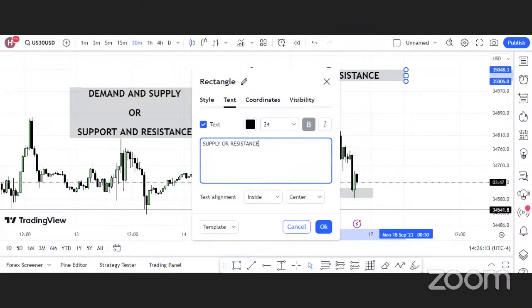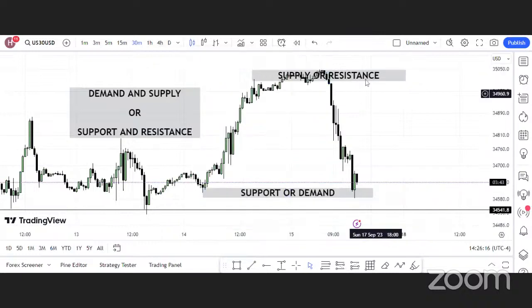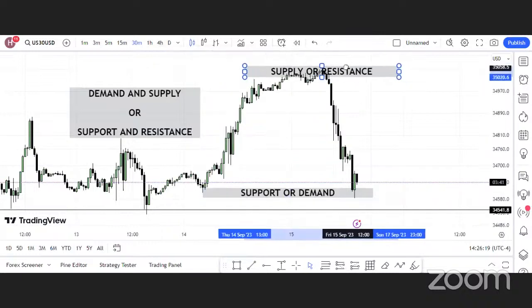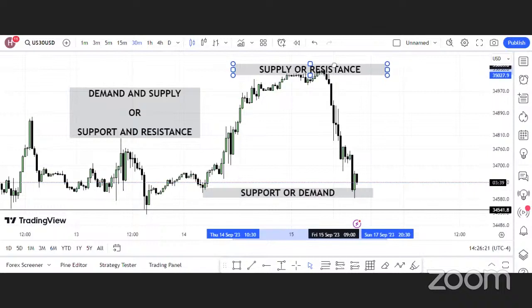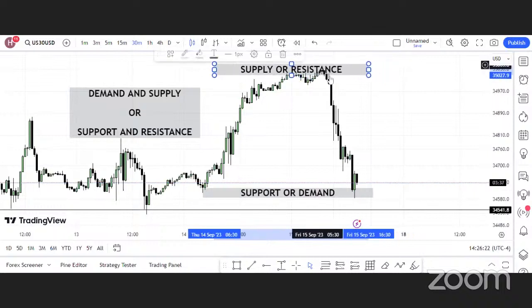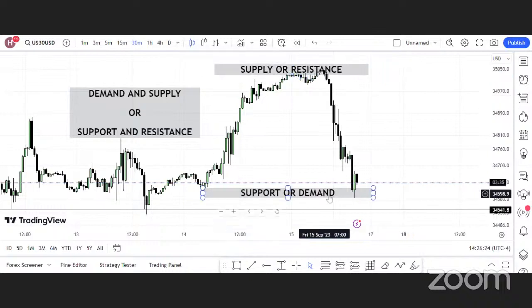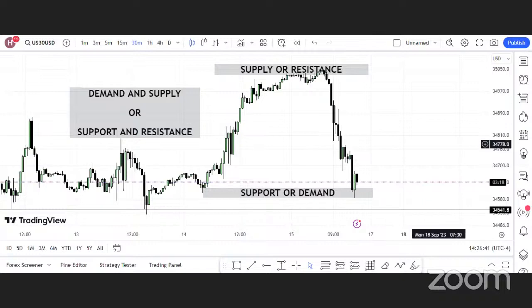It's just the opposite of support or demand. A resistance occurs where an uptrend is expected to pause temporarily due to a concentration of supply. It occurs where an uptrend is expected to pause temporarily.